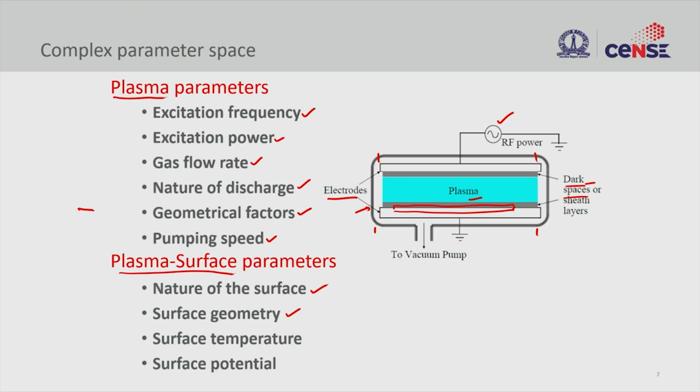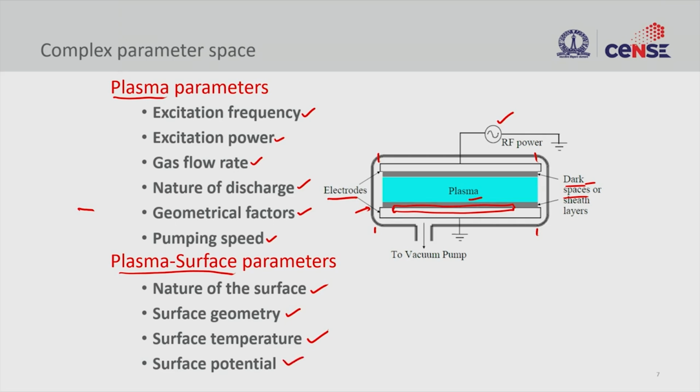Whether it is a very small piece or a very large wafer, all those things matter. Temperature, what is the surface temperature? Because surface reactions are affected by the temperature as well. So whether the temperature is kept constant, or it is done at lower or higher temperature, that affects the reaction on the surface.